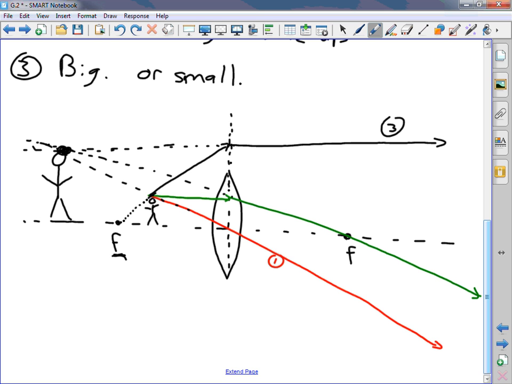And once again, feet on the principal axis will stay on the principal axis. Whenever light diverges and separates, the eye, I guess it would be the brain, traces where those light rays must have come from to figure out where the object is. That's actually how real objects work.